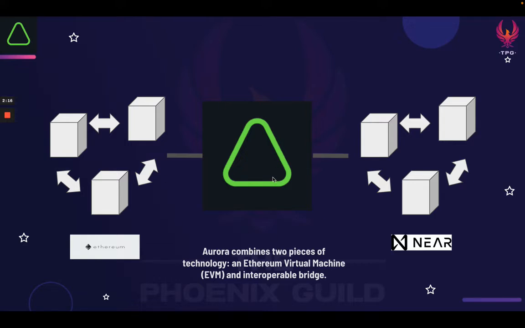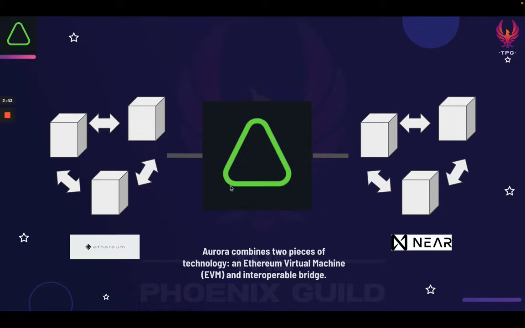It acts as a bridging agent where you can bridge your assets between Ethereum and Near. You can use the familiarity of Solidity code that can be deployed on top of Near, and you can use the Near's fast scalable network to actually run transactions that cost less than 10 cents at times.